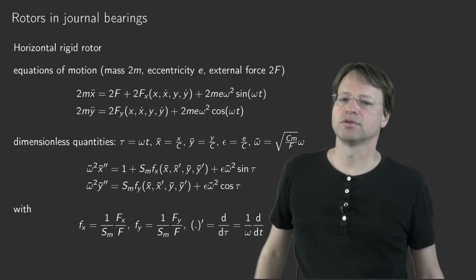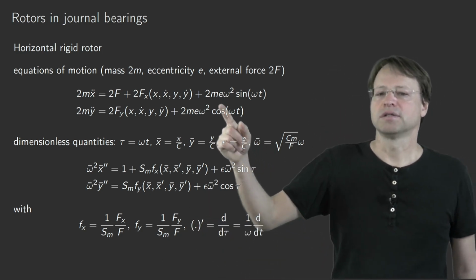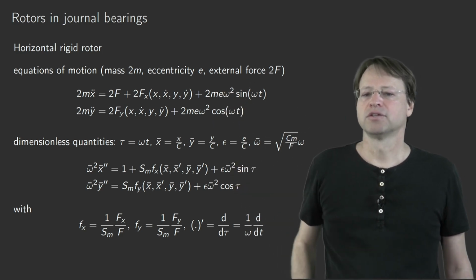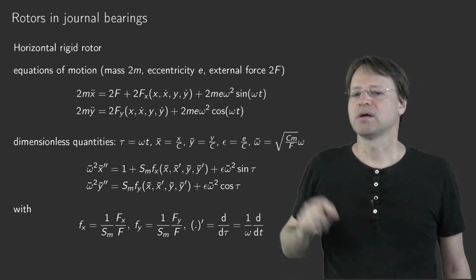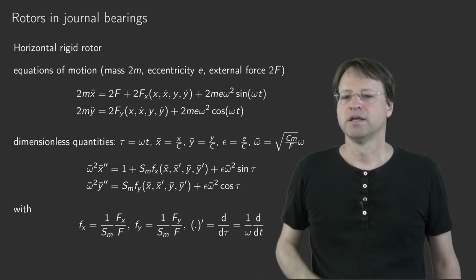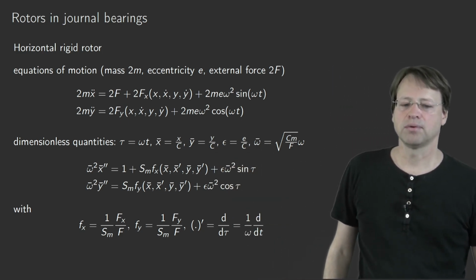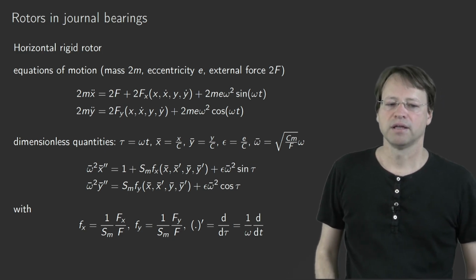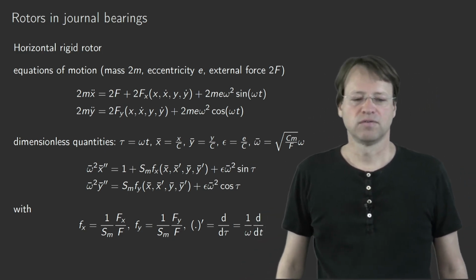And for the last term, well, the reasoning is the same as for this term here, so we get epsilon omega bar squared and the cosine of tau only. So this would be our equations of motion in dimensionless form.